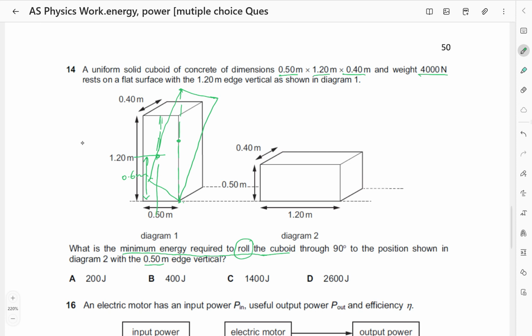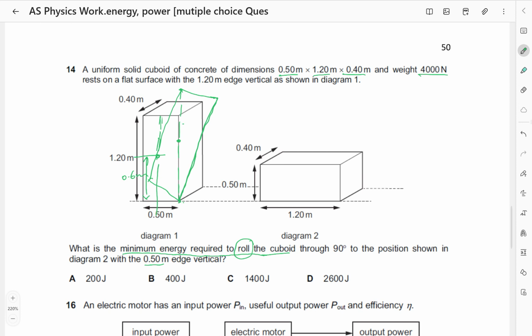Let's first get this distance here, this diagonal here. That diagonal can be got from Pythagoras theorem. Remember the length here is 1.2 meters and the horizontal is 0.5 meters.